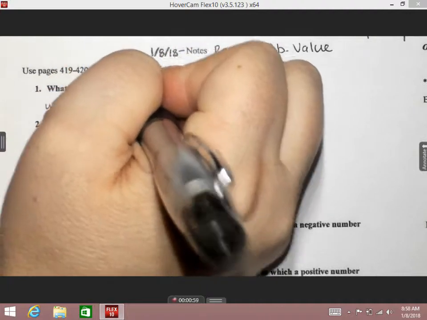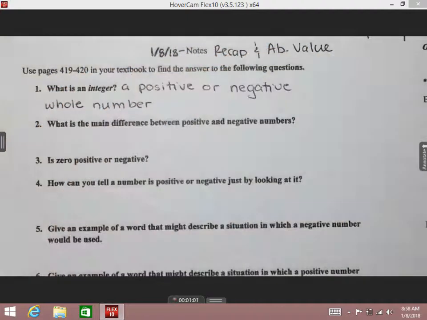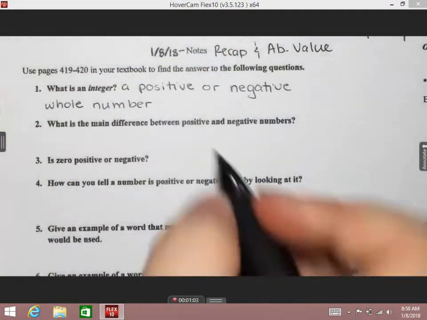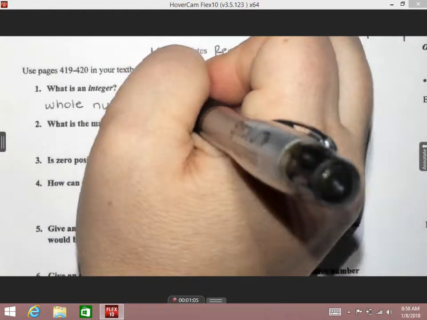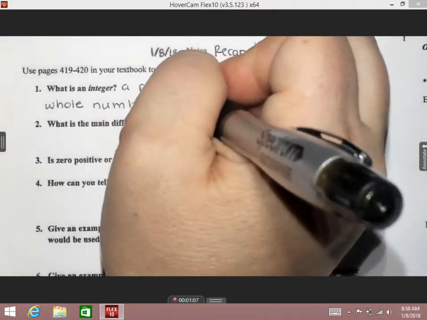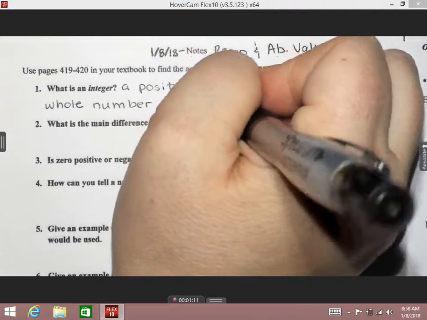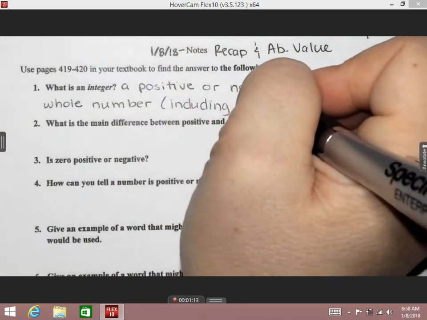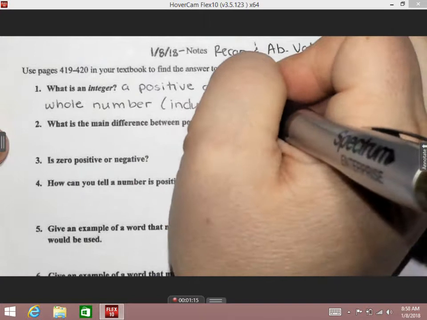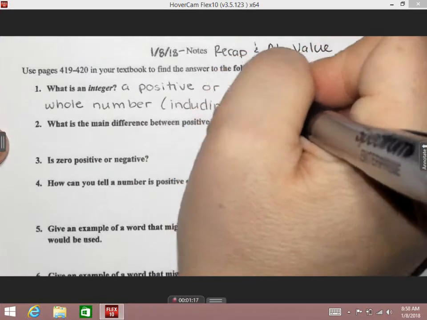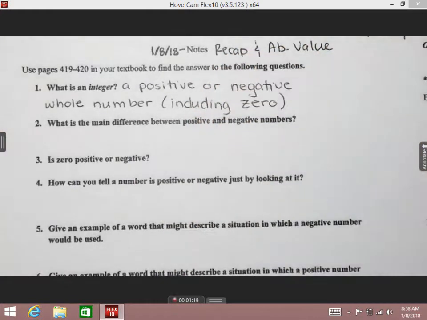What else we got to add in there? Including 0. Because what's special about 0? Yeah, it's in the middle of the positive and negatives, and we'll get to that in just a moment. So positive or negative whole number, including 0.